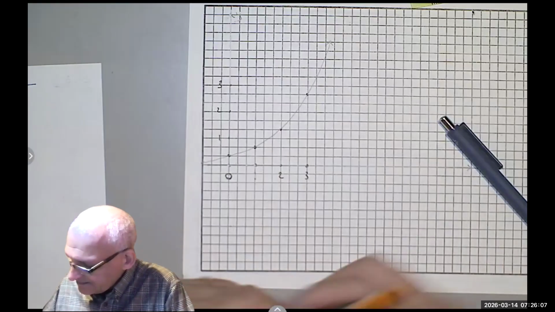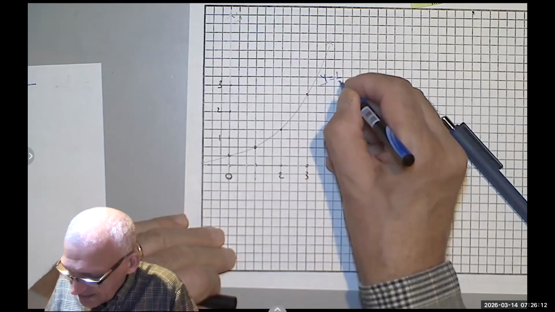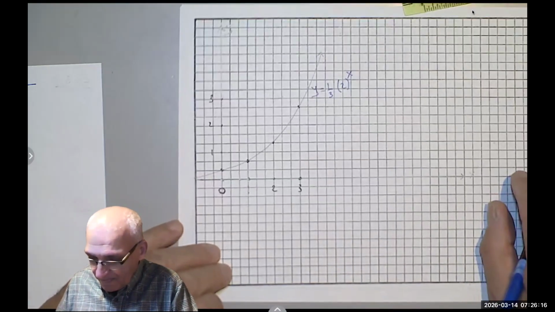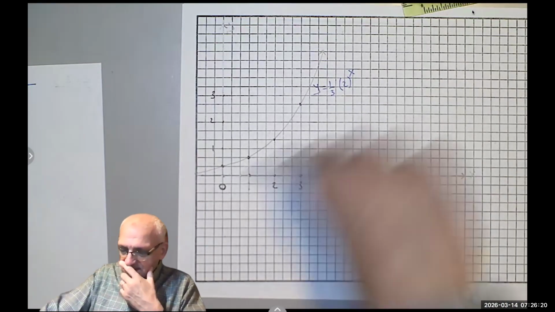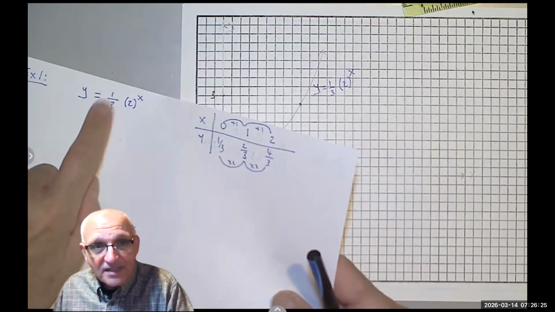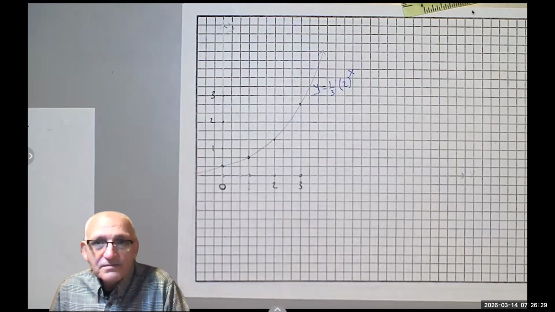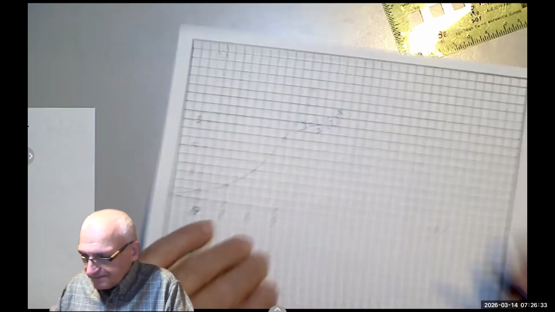And this is y equals 1/3 times 2 to the x. Okay, so since the b was 2, I don't care about the y-intercept. Since this is greater than 1, that's a growth. If it were less than 1, it would be a decay.